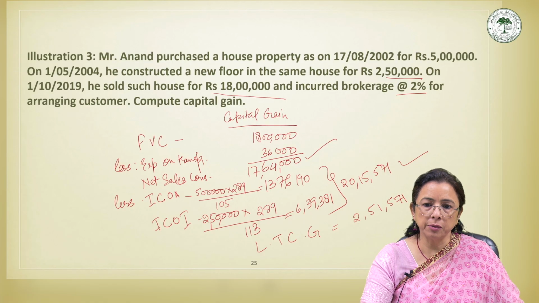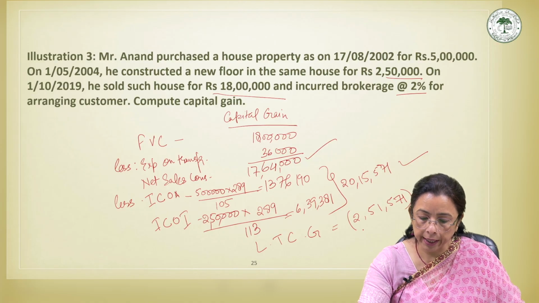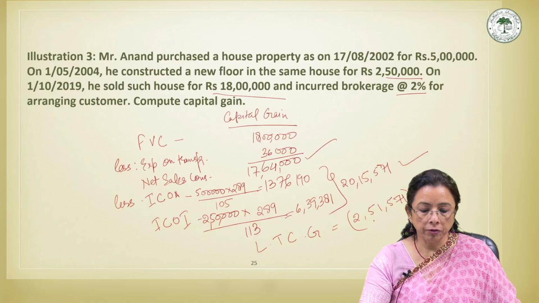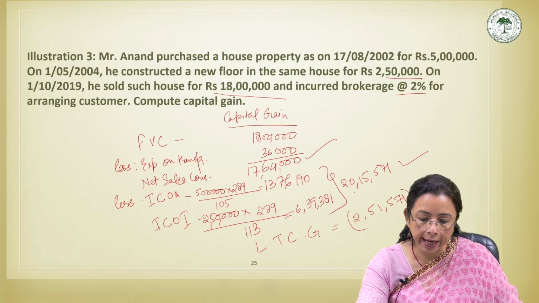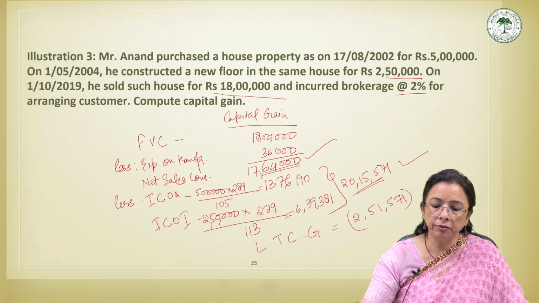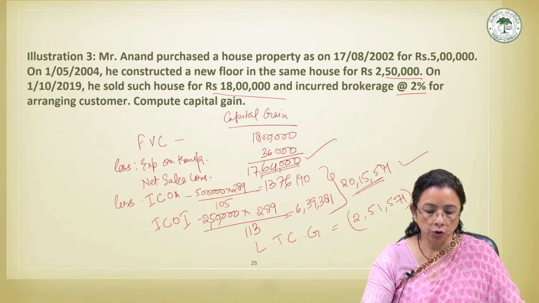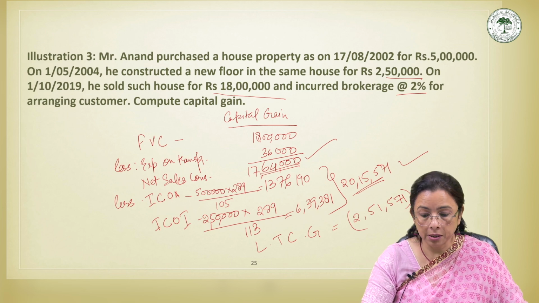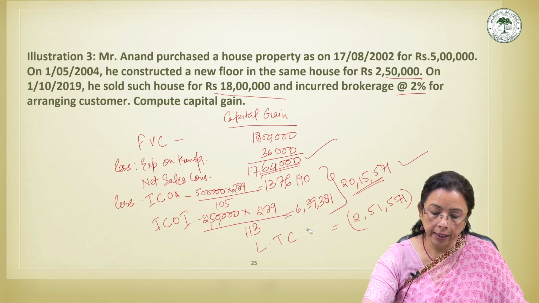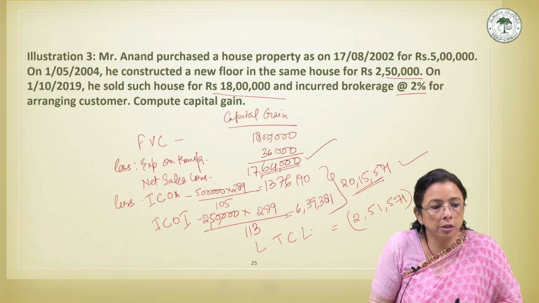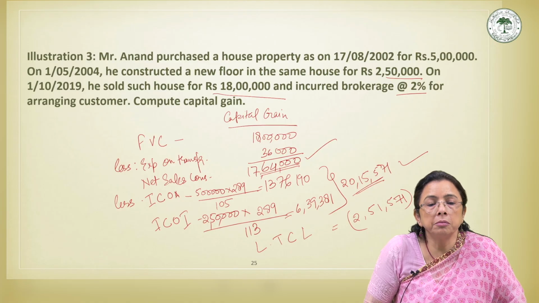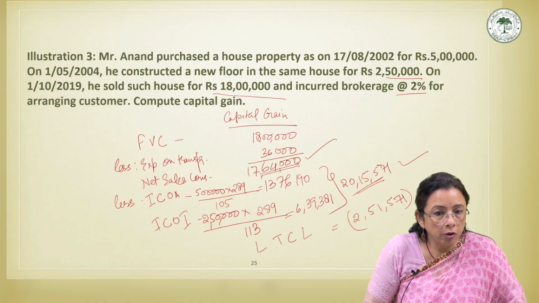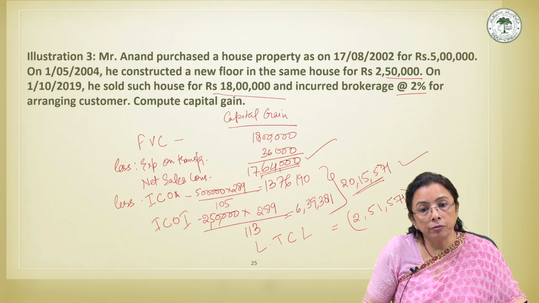In fact, there has been a loss here instead of gain, because the cost of acquisition and cost of improvement is higher than what he received after selling the house. So instead of writing capital gain, we write long-term capital loss. So this is all about the calculation of the long-term capital gain and long-term capital loss that we understood with the help of this example.